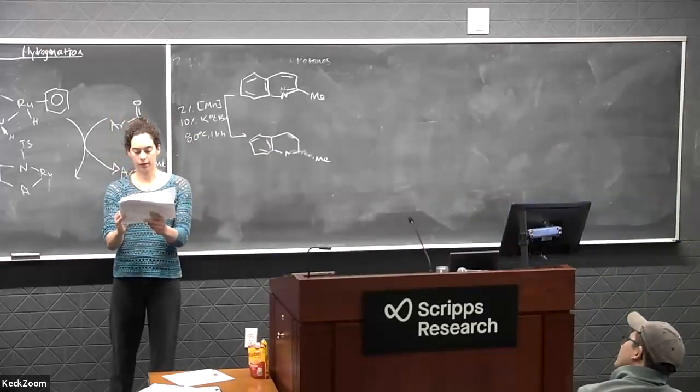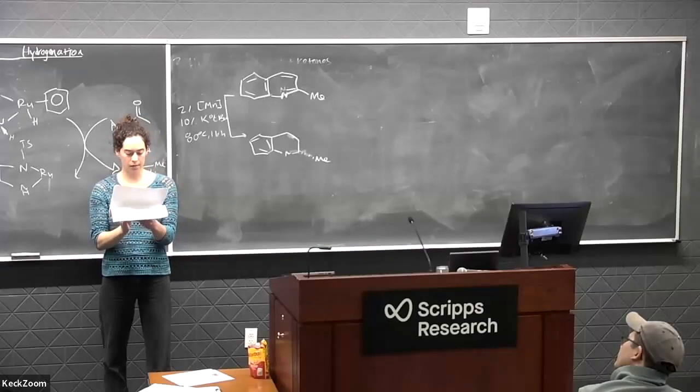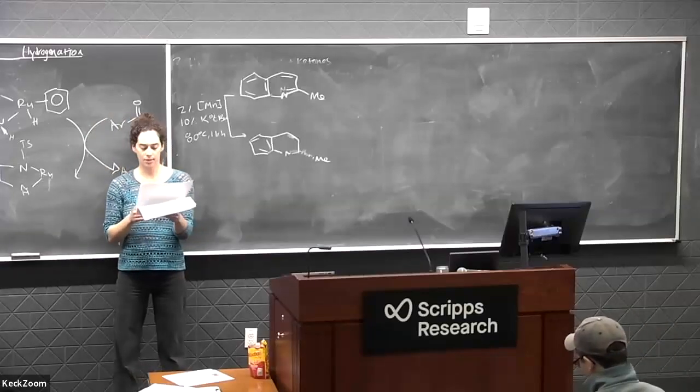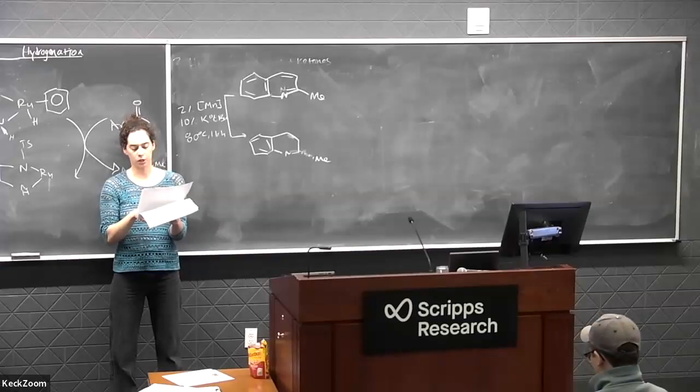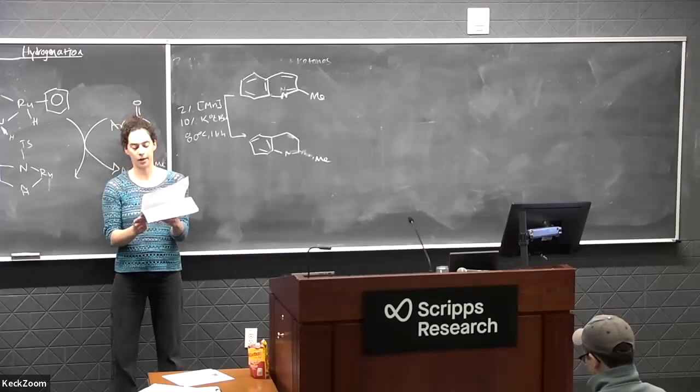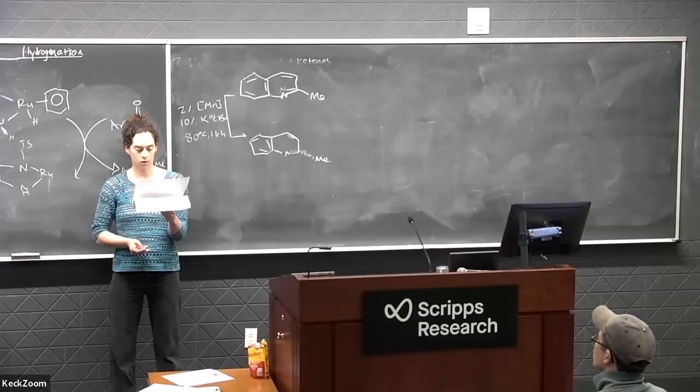So if you look at the three complexes on the right portion of the question, the first one is the one that is used in the reaction that has been drawn on the board. The second one is methylation of the backbone of the ligand, and then the third is methylation at the binding site, where the ligand binds to the metal at that secondary, now tertiary amine, and we see that that completely inhibits reactivity.